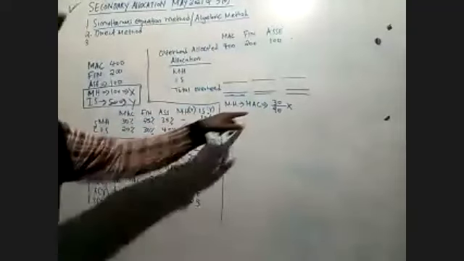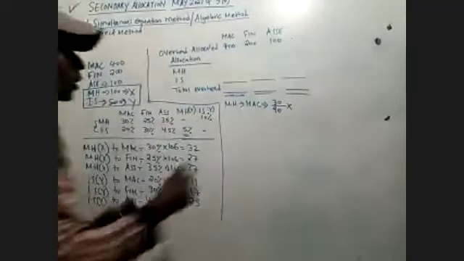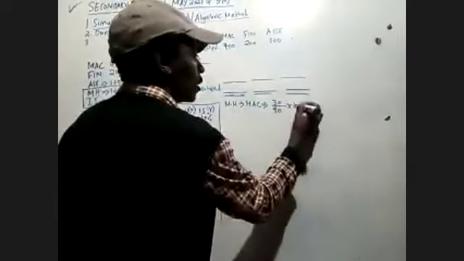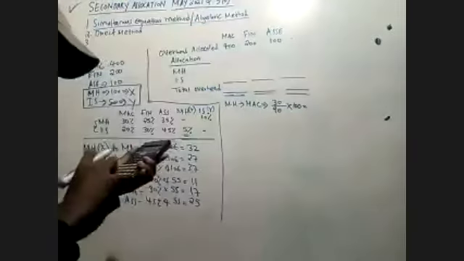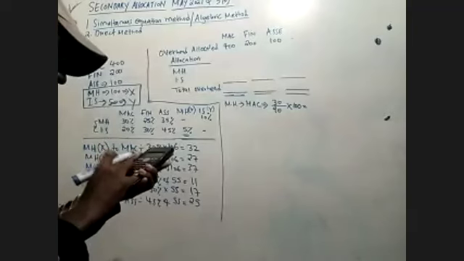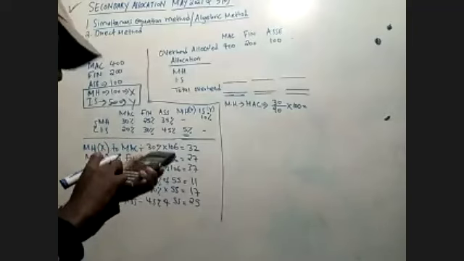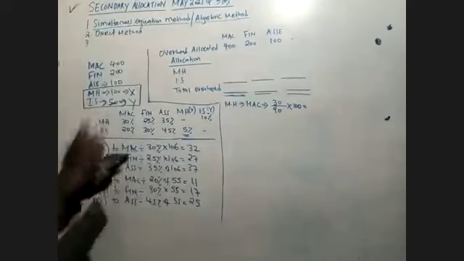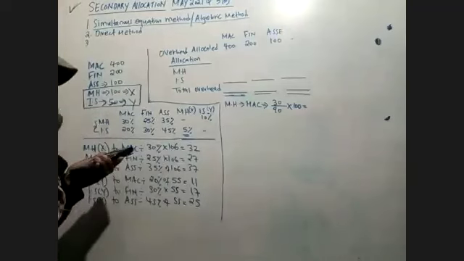Na allocate ya gani? MH to Mark, which is 100. Inakuwa ni 30 over 90 times 100. So tunallocate 100. So hiyo ni 33.